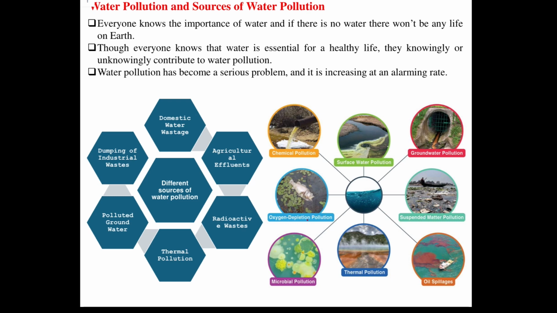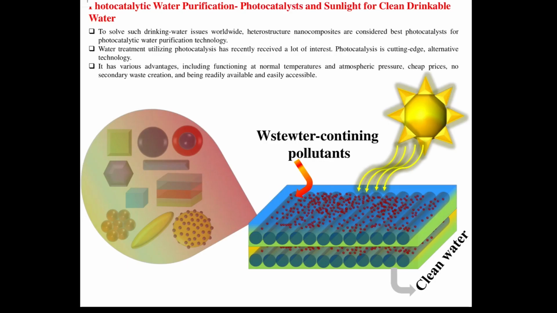If we can clean this water and make it drinkable, lots of the water crisis can be solved. For this purpose, scientists throughout the world are working on developing catalytic systems which we can use in sunlight, like visible light, and that should be economical also.